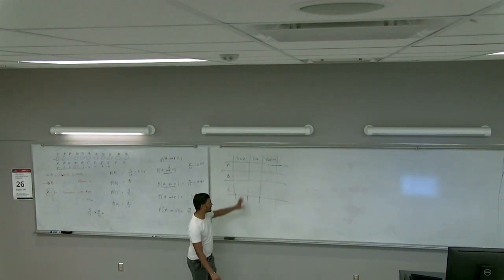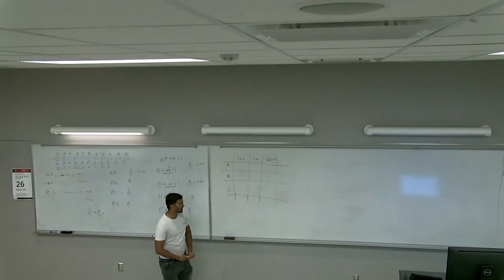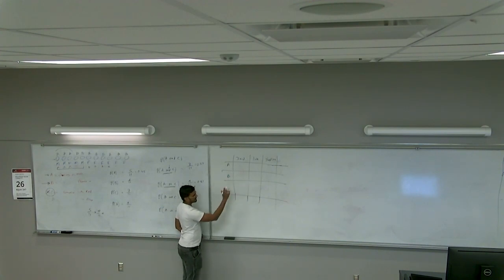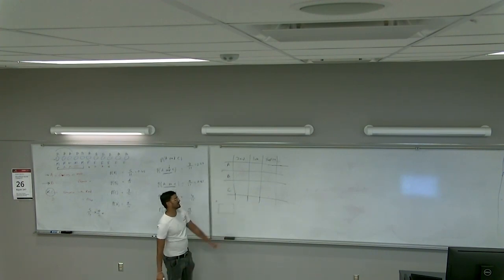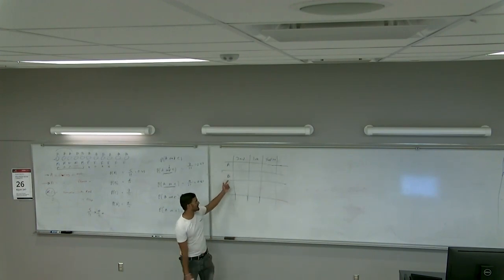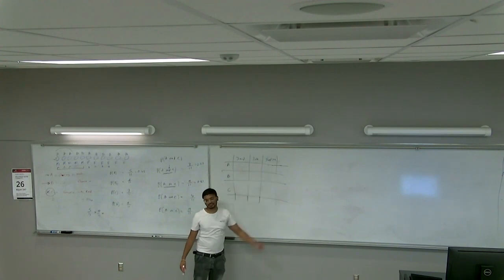So you should not get confused with two-way tables just because of the way they represent it. Now, the story behind this table is you have a forest with three different types of trees, named A, B, and C, and three different states for those trees, named dead, live, and saplings.